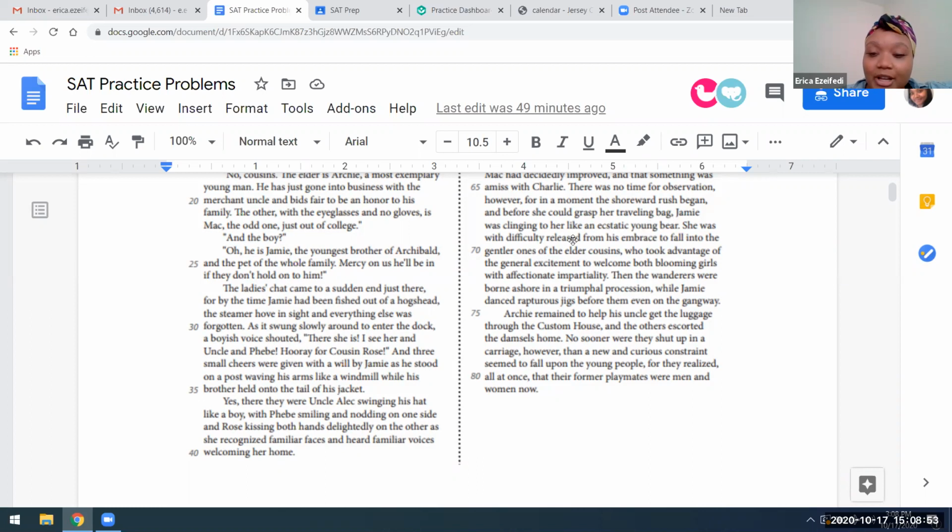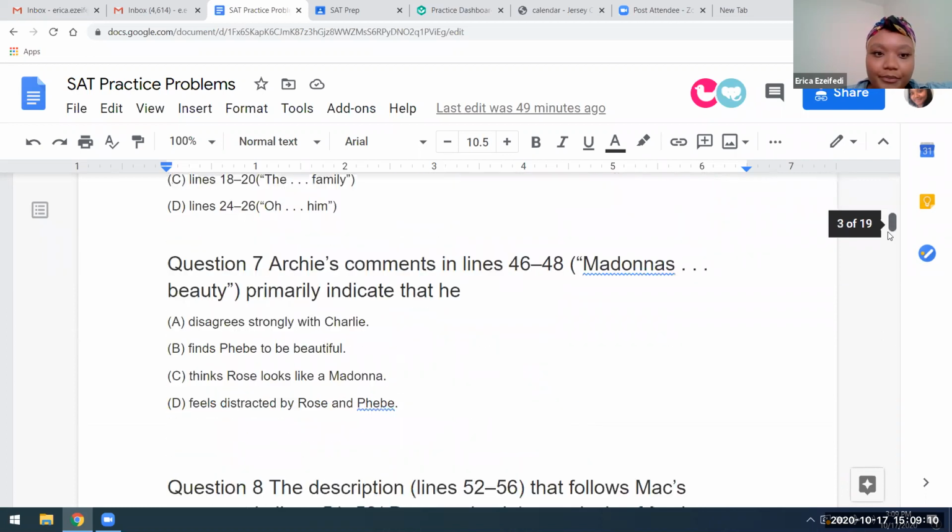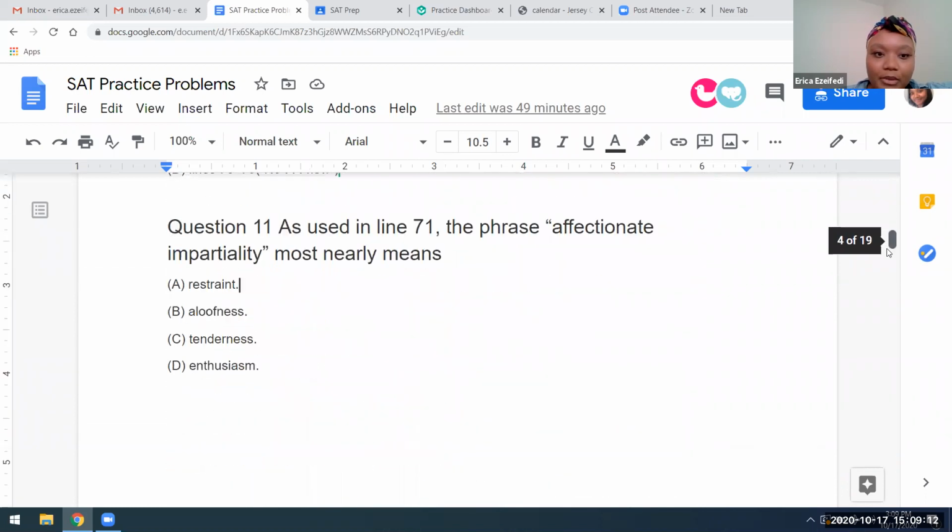And that is in contrast to the gentle cousin, because hugging someone like a bear is definitely not gentle. So we know that the elder cousin is going to be different from Jamie.